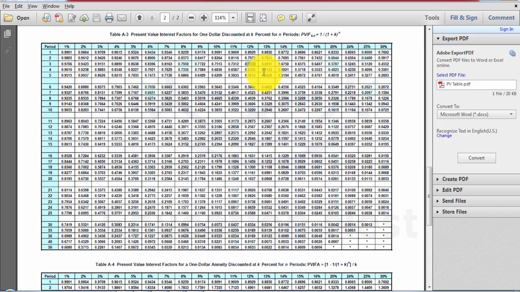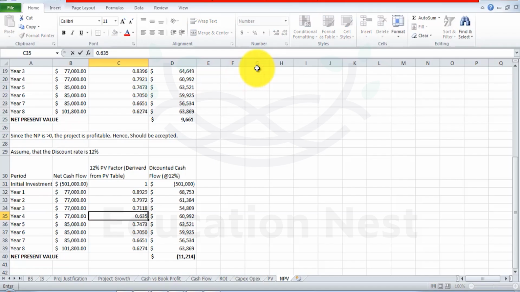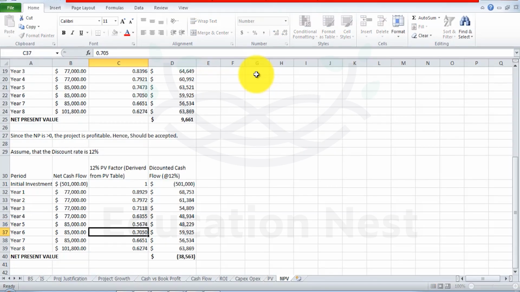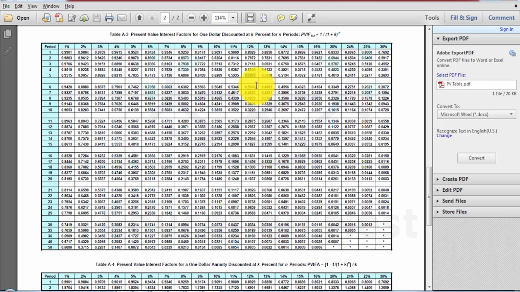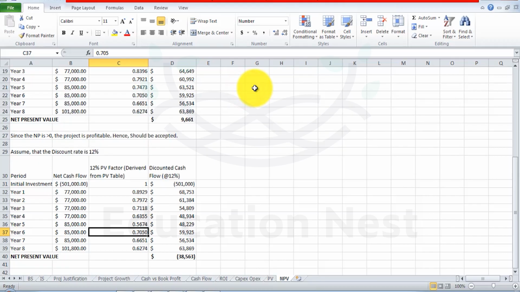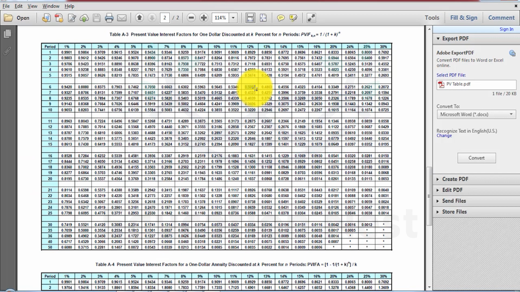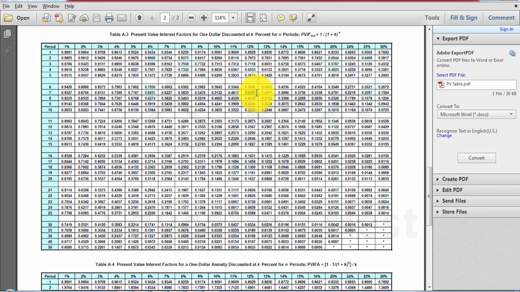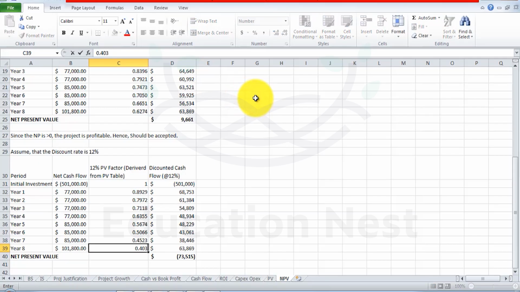For the fourth year, 0.6355. Fifth year, 0.5674. Sixth year, 0.5066. Seventh, 0.4523. Lastly, eighth year, 0.4039. Oh, the results change drastically.